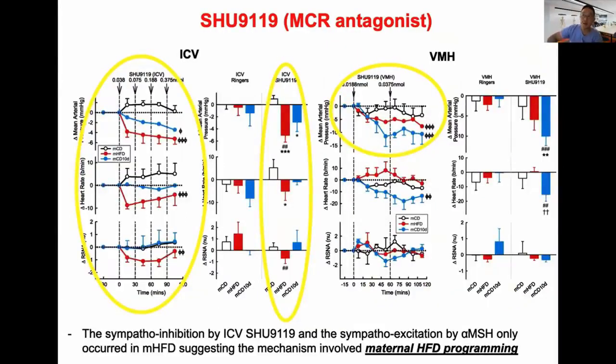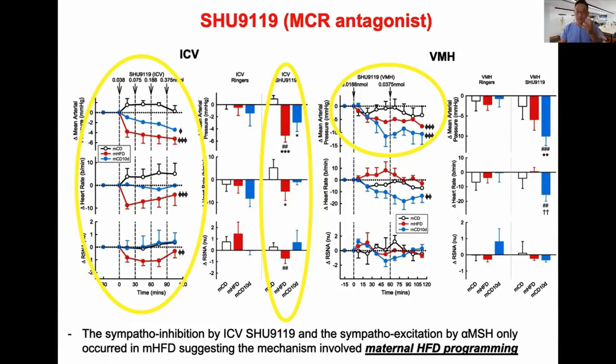SHIELD 9119 also showed a significant reduction in blood pressure, heart rate, and sympathetic nerve activity in ICV injection, and also a significant trend in the VMH injected maternal high-fat diet group. Again, showing that this may be caused by a delayed action of the high-fat content in the offspring.